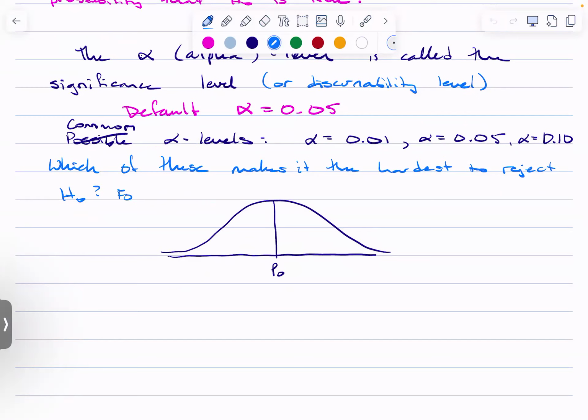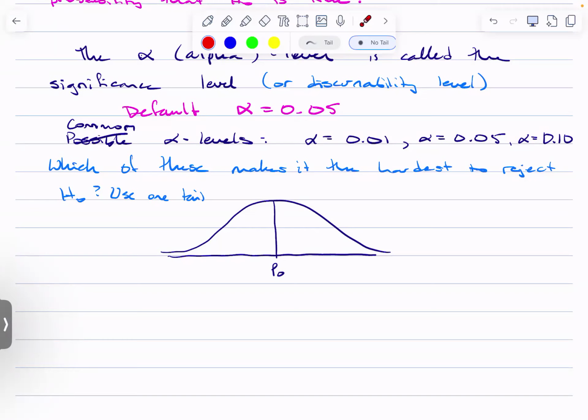It behaves the same, but that's a little too complicated for us right now. So in the upper tail, let's work there.